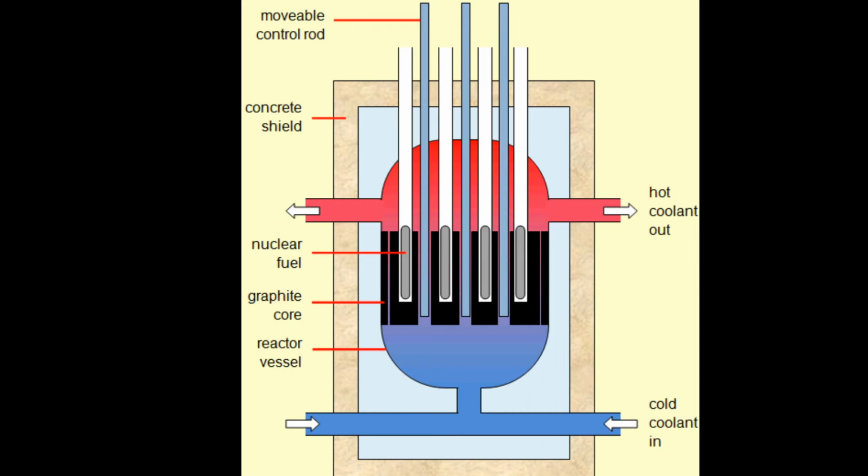From here, at the bottom is the coolant, normally using water. This is the hot coolant coming out. After that, we have the vessel and the reactor. This is one part of the radiation, the reactor part.